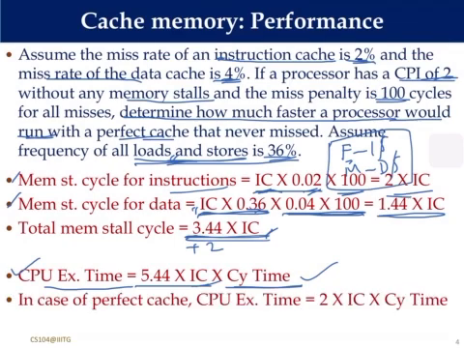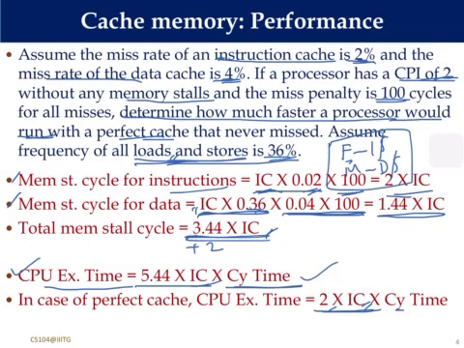But in case of a perfect cache, everything will be a hit, so that's what a perfect cache means. If everything is a hit, there are no memory stalls. So it is the instruction count into CPI into cycle time.